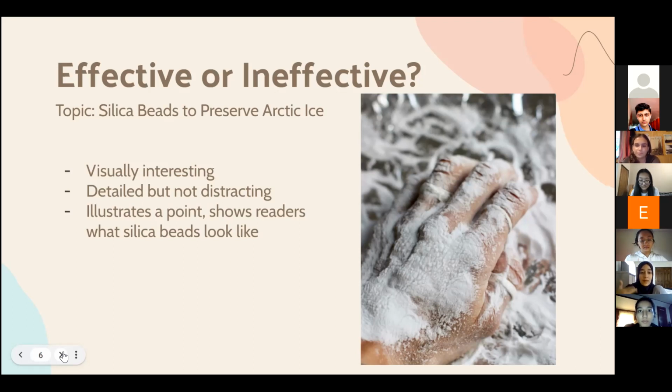You don't have to feel boxed in by feeling like you have to submit a certain type of image. And it does grab your attention as soon as you look at it because there are a lot of details, but it's not as distracting as some of the other graphics that we had seen before. So while it may not be the first thing you think of, we do think it is an effective image because it's clear, it's detailed, and it helps convey a point.